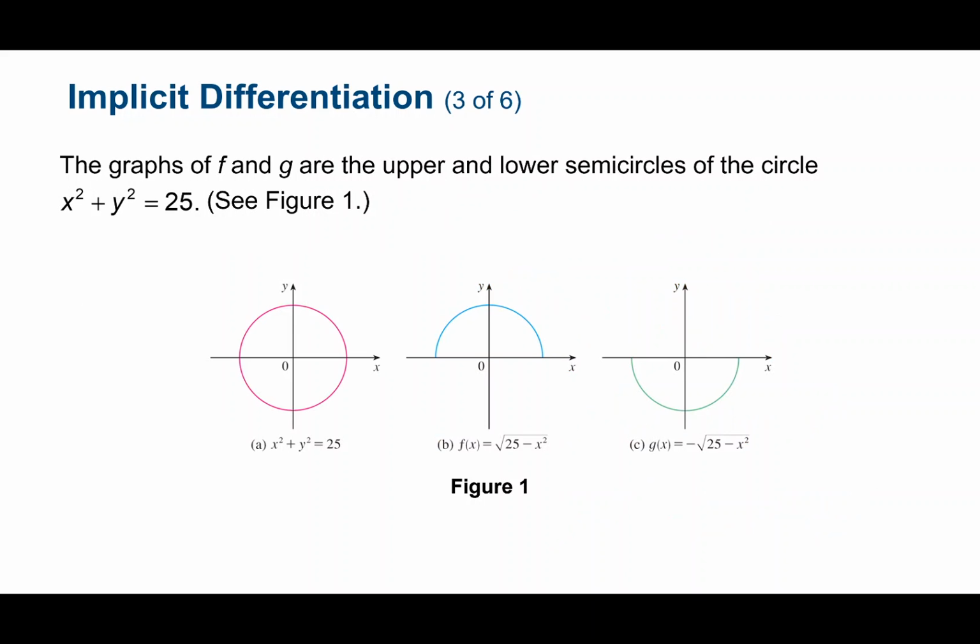If we think about those graphs, the positive root, positive radical, gives us the top semicircle, and the negative gives us the bottom semicircle there with that radius. And so if you check these with the vertical line test, they would both pass.